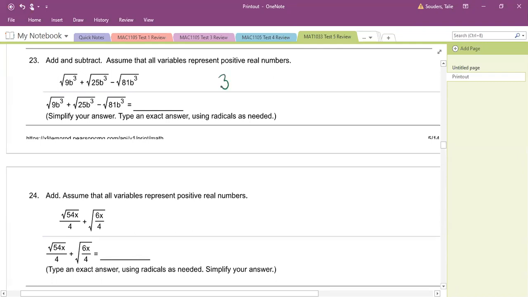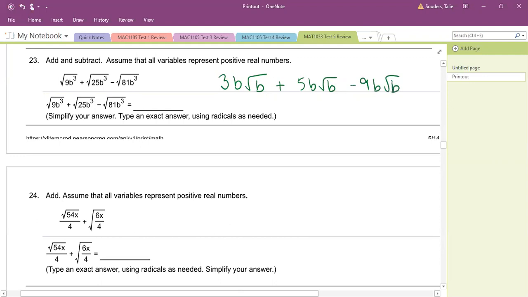And then what is the square root of b cubed? Wouldn't it be a b on the outside of the radical and then a b on the inside? Exactly. Okay, what about the next term? Do you want to keep going, Alyssa? Sure, it would be 5b and then radical b. Good, and then the last term. And then negative 9b radical b.